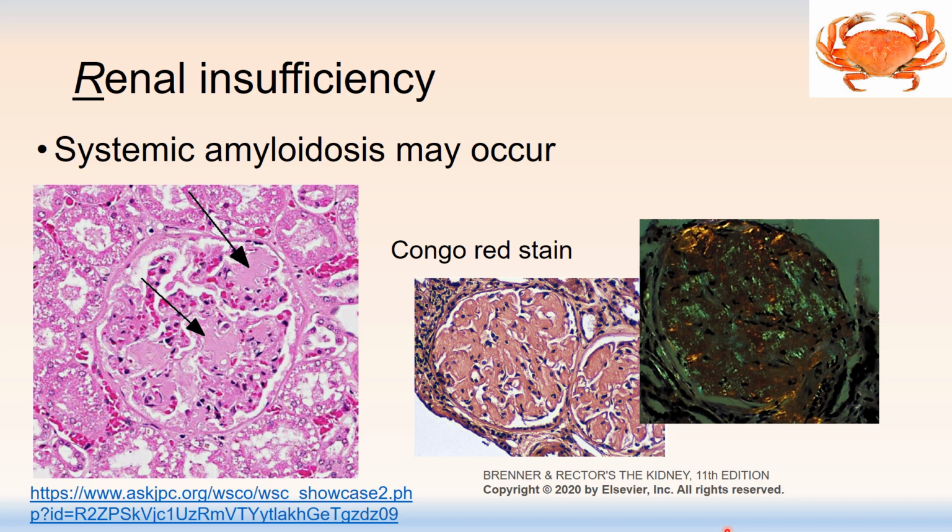If you want to prove that that is amyloid, you do a Congo red stain. Congo red stain in the presence of amyloid will show a characteristic color of birefringence when you look at it under polarized light. And that color of that birefringent pattern is known as apple green birefringence specifically. So if you see apple green birefringence, that's indicative of amyloidosis.